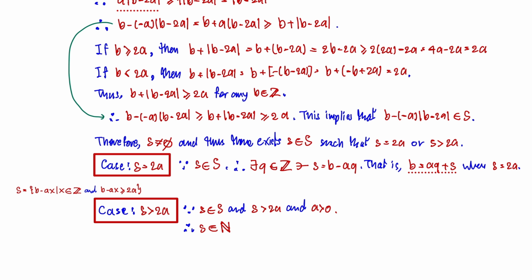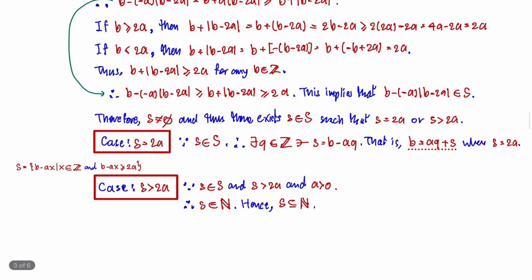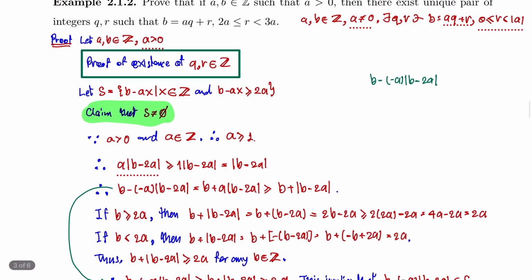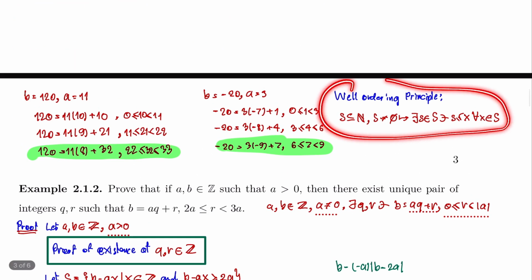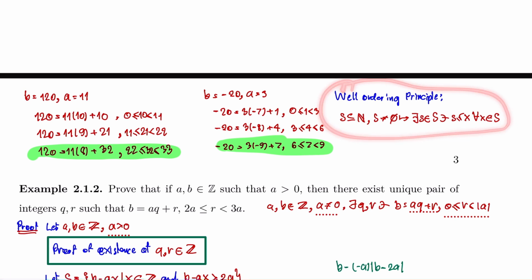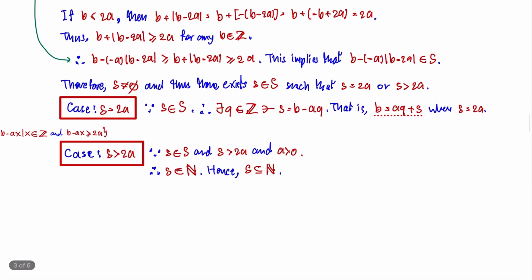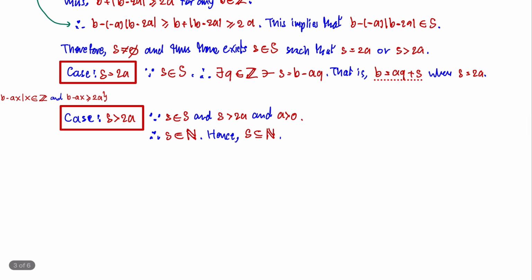Once s is in set S and s is a positive integer, what does it imply? S is a subset of the set of natural numbers. Since S is not the empty set and S is a subset of the natural numbers, we can use the well-ordering principle. That means we have a minimum element in set S.